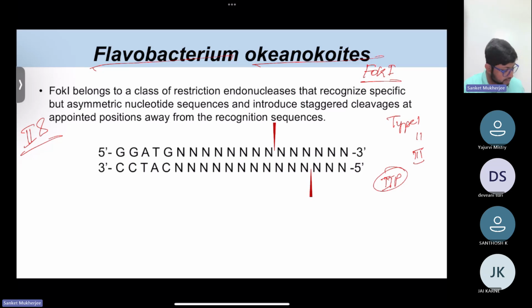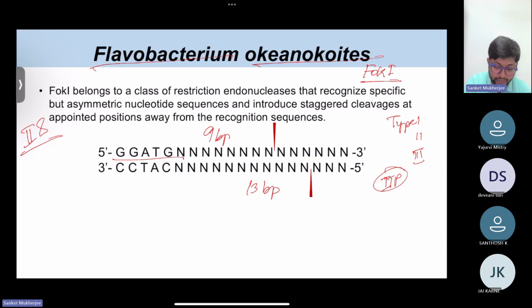And what is the specific sequence of FokI? It recognizes GGATG at the 5' end, and it cleaves 9 to 13 base pairs away from its recognition site. This is something which is known about the FokI restriction enzyme.